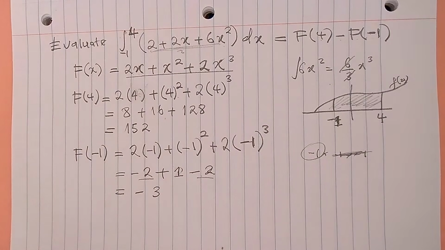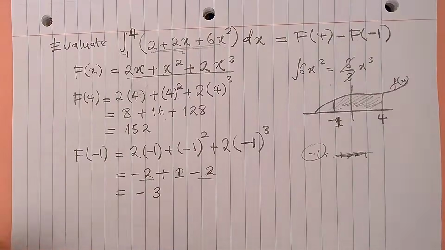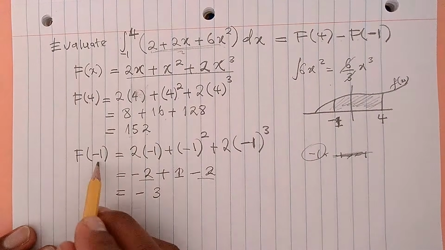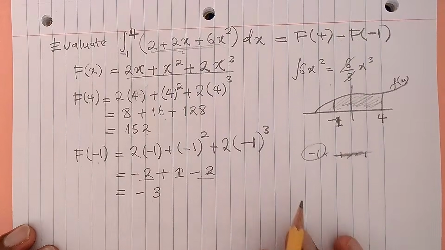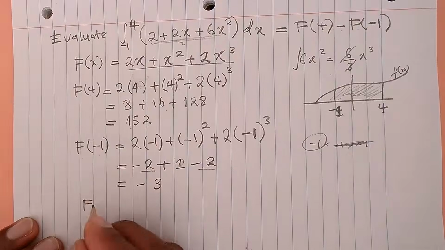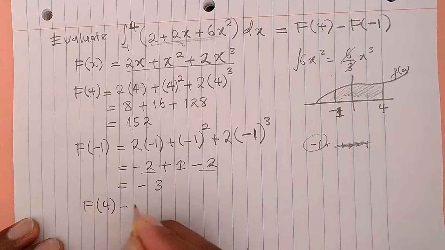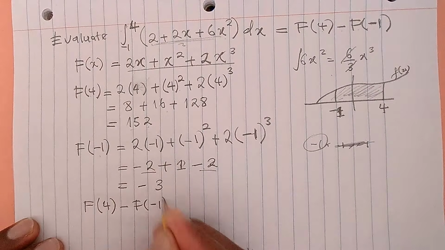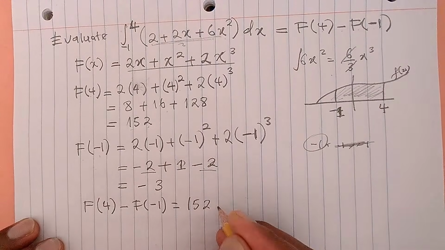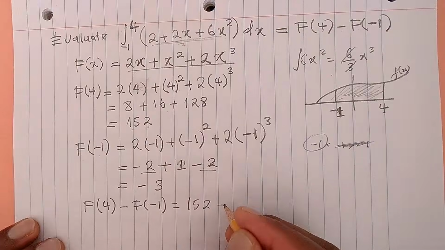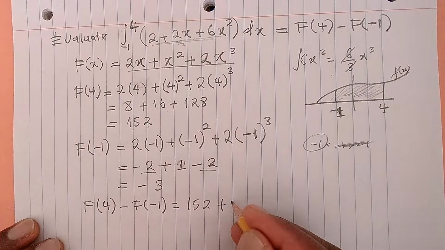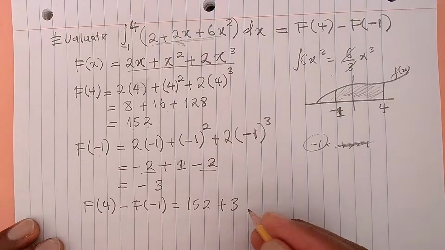Okay, good. So we have our F at 4, which is 152, then F at -1 is negative 3. So therefore our final answer should be F at 4 minus F at -1, which is 152 minus negative 3, which will be plus 3.